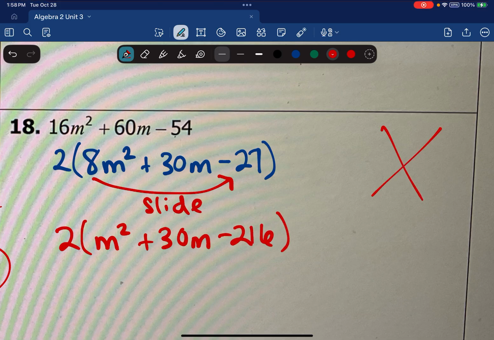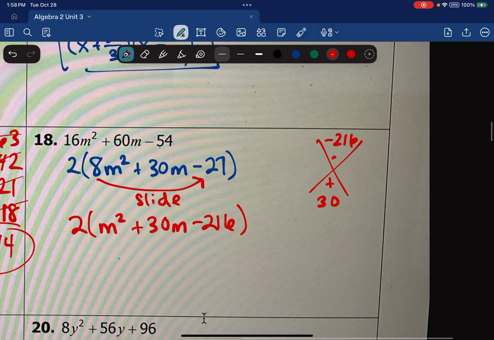Now we have to ask ourselves, what are two numbers that multiply to be negative 216 but add to be 30? Again, we may not know factors of 216, so I'm just going to put it in the calculator. Divide it by 2, I'm going to write those two factors down. Divide it by 3, I'm going to write those two factors down. Divide it by 4. And I'm going to continue on until I see something that will subtract because we're negative.